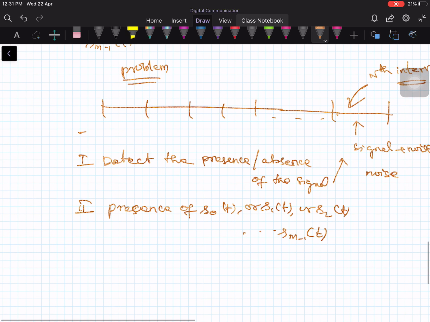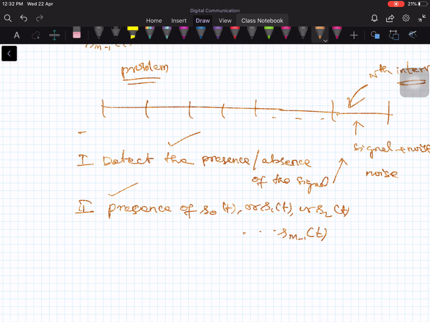The first thing is to detect the presence or absence of the signal. Absence means it contains purely noise, nothing can be done in that. Therefore the first step is to detect the presence or absence of the signal, and the second stage is to find the presence of S0(t) or S1(t) or anything, this or that, which one.